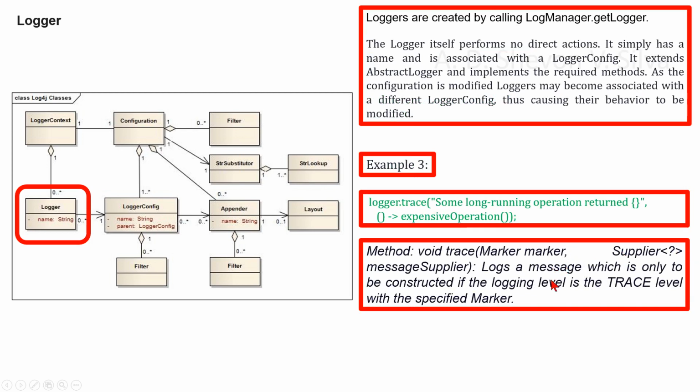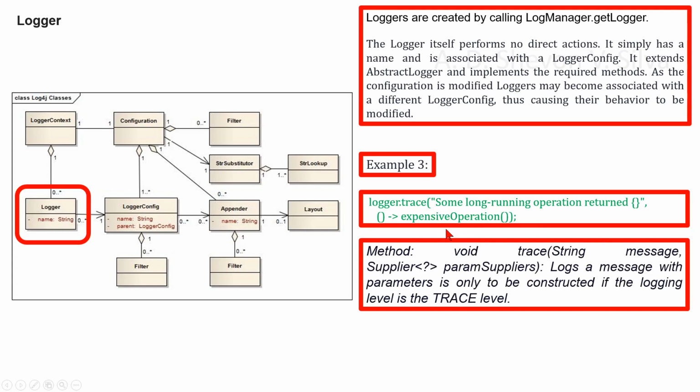As an example 3, we can consider the void trace(Marker) method. Since 2.4, methods have been added to the logger interface to support lambda expressions.